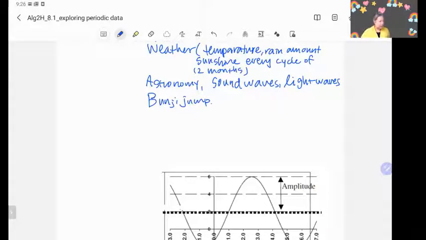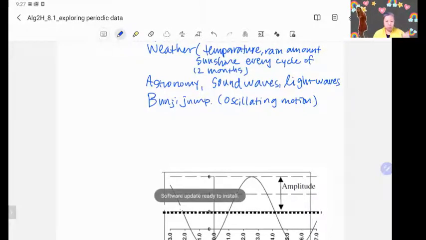Okay, bungee jump. This one is a little bit different, but it's still periodic data. It could cover the bungee jump going up and down, or bouncing balls, or a lot of machines that have piston motion, where a part of the machine keeps going up and down, right?